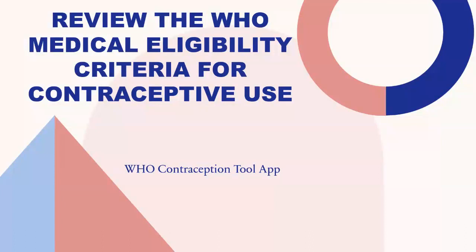I'm going to show you those on the next few slides. Most of the information between the WHO and the US charts is pretty compatible, but it's a matter of which resource you want to use and how user-friendly it will be for you. The WHO app, I think, is an older version and it doesn't work on all devices, but our book references this US medical eligibility chart.